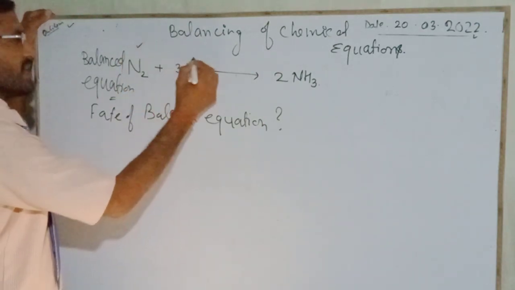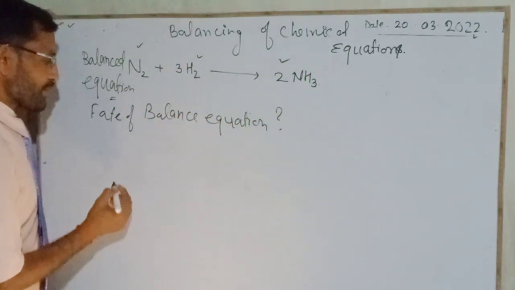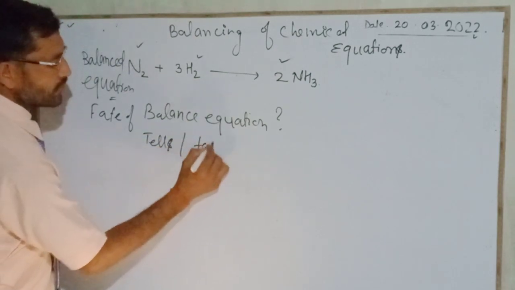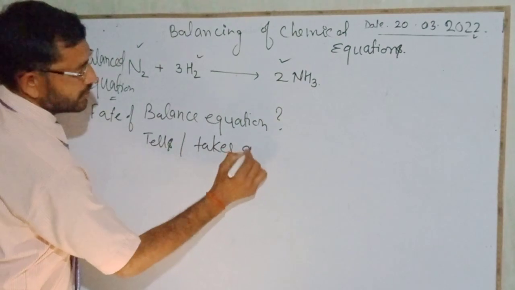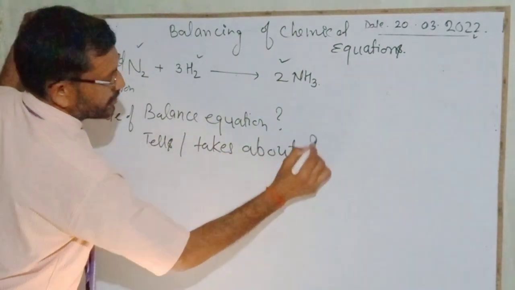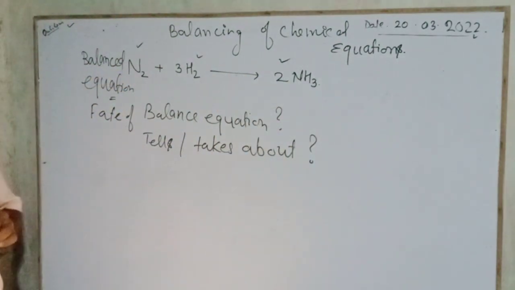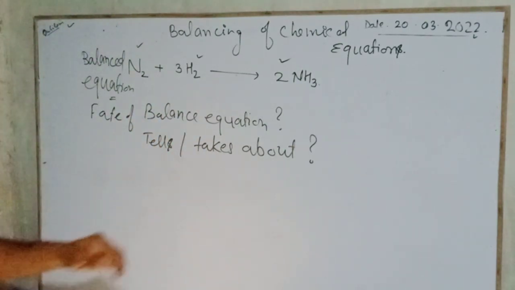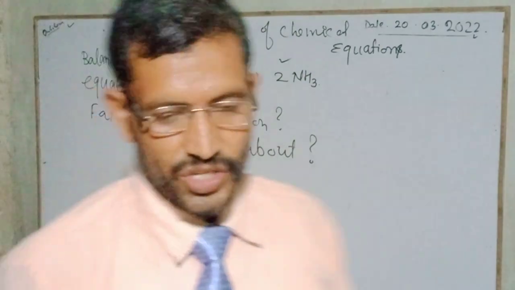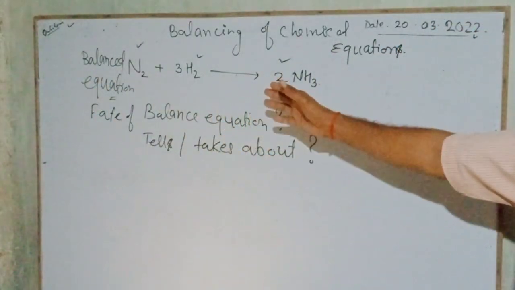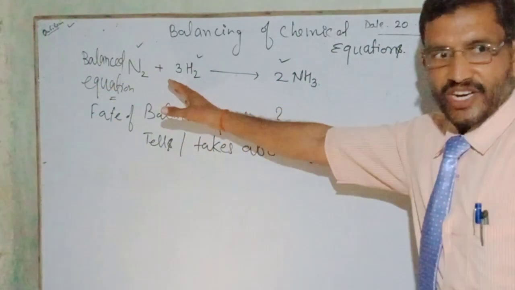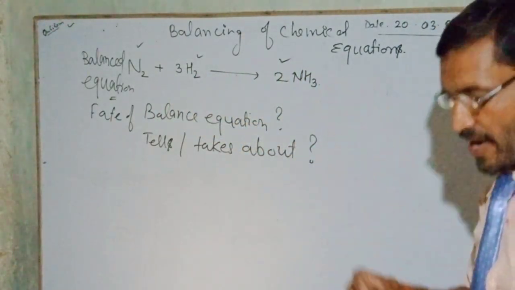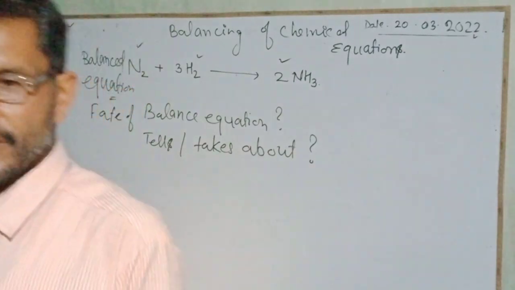The balanced chemical equation tells us, or talks about, what? The balanced reaction tells us about the number of molecules, number of volumes, and number of moles present in the reactants as well as in the product, which may be equal, and it must be equal.